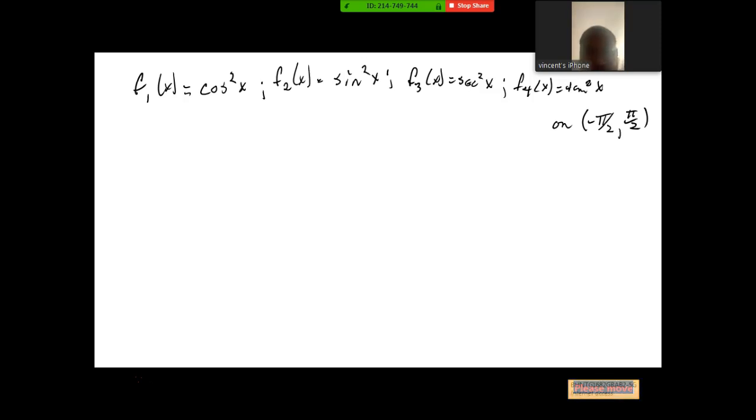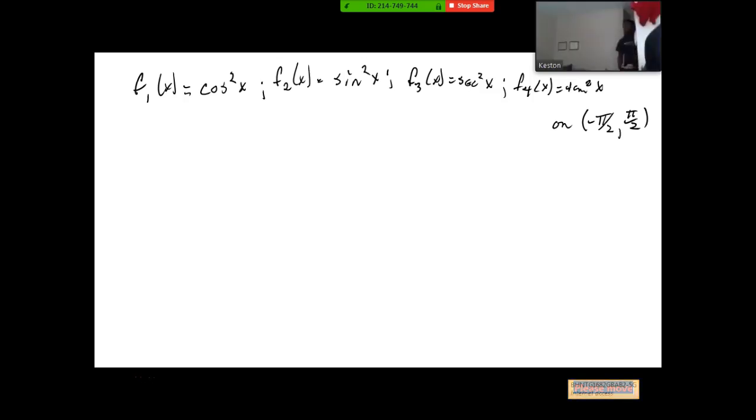Give you a little hint. Sine and cosine and their squares are defined everywhere, and they're continuous everywhere. However, secant and tangent are both defined and continuous only between -π/2 and π/2, because both secant squared and tangent squared blow up at those half pi's.